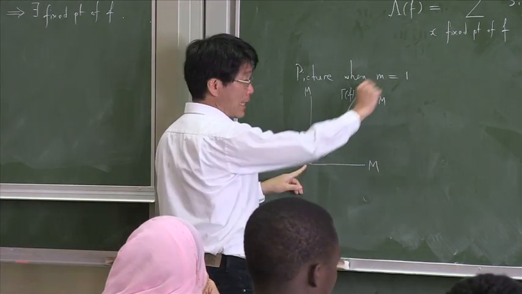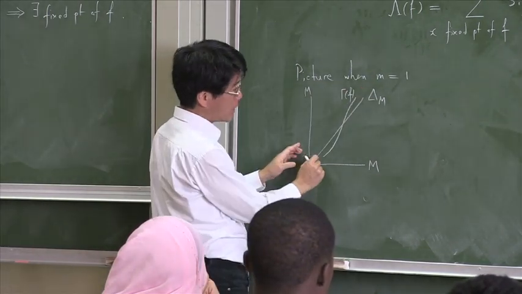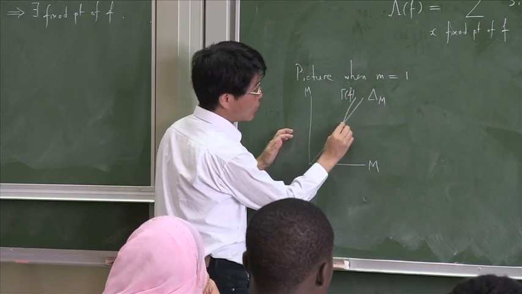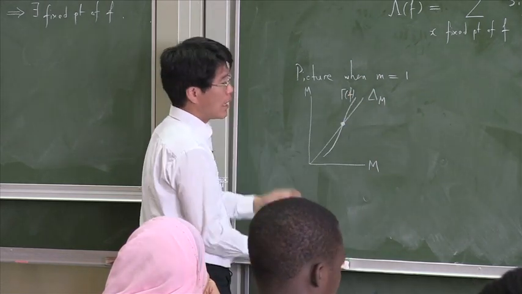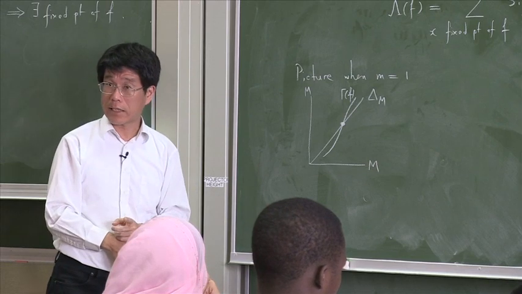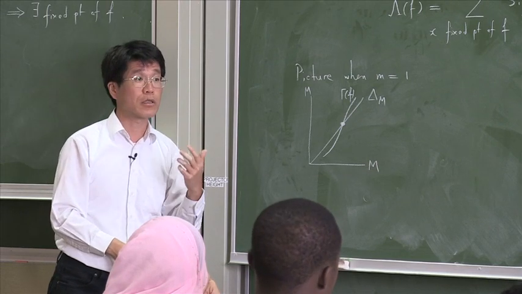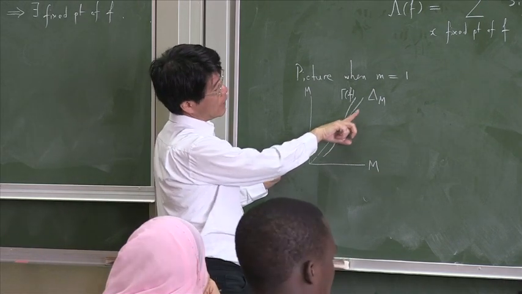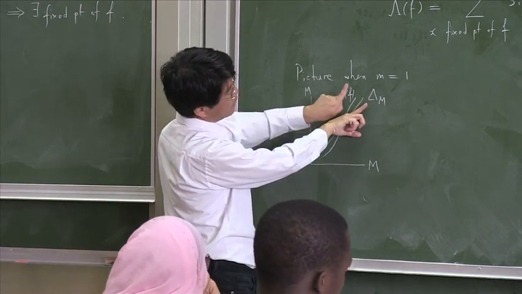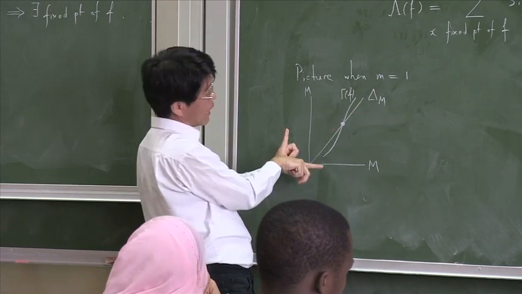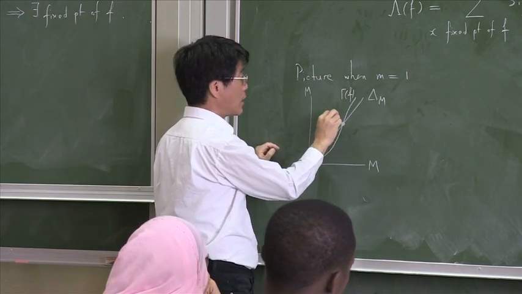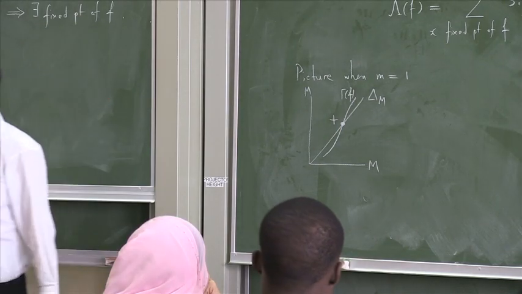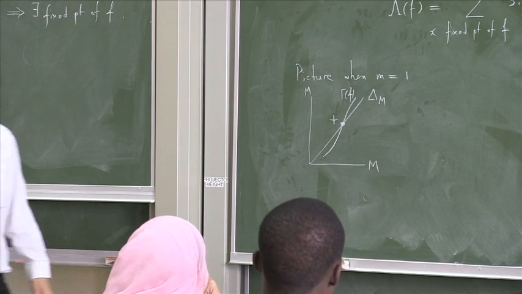So the diagonal is a straight line at 45 degrees, and the graph is this curve. In a situation like this, according to the standard orientation that we took in convention number 1 yesterday, the diagonal is oriented like this, the graph is oriented like this, and the ambient orientation is like this. So here, the sign is plus at that point.